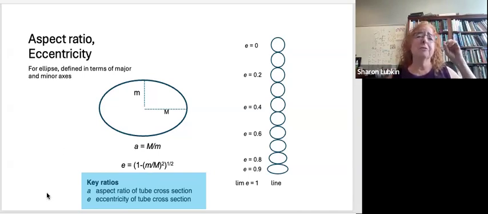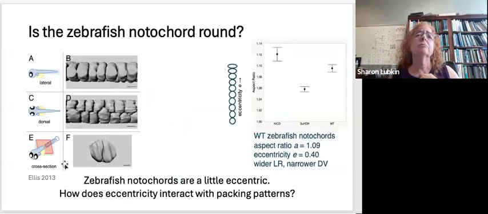They're just based on different measures of a circle, either aspect ratio 1 or eccentricity 0. So it turns out that the wild type notochords, actually all of the notochords, are a bit off of round.